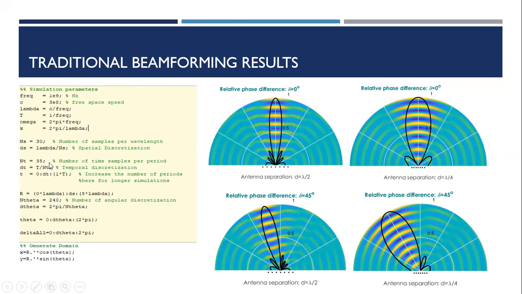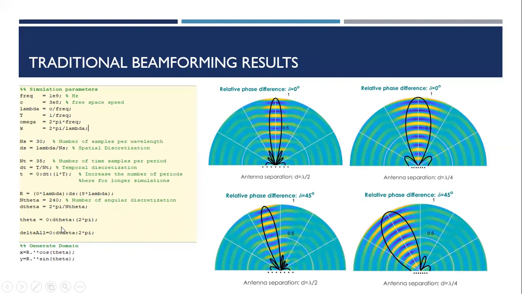Then we have other parameters, such as the number of times per period, the temporal discretization, the error, and the time vector for which it needs to run. And similarly, we have the angular discretization. All of these parameters mostly deal with the simulation runtime behavior, and do not have much to do with the parameters of concern, which are mostly the first ones, including the frequency, lambda, omega, and k.